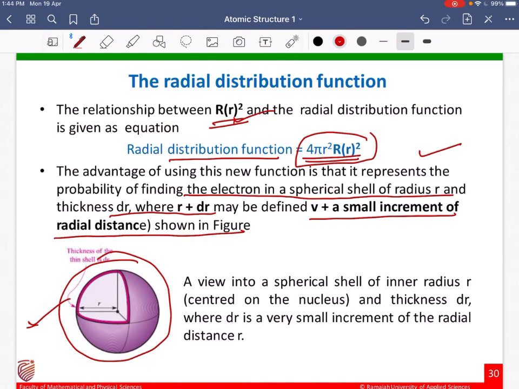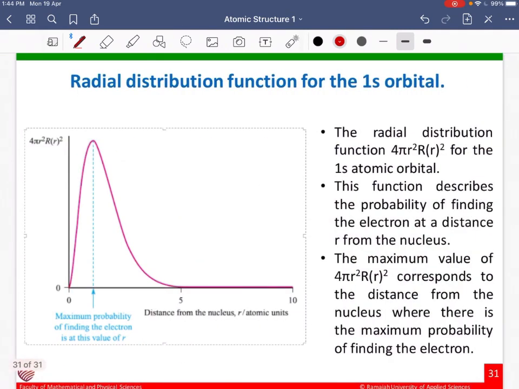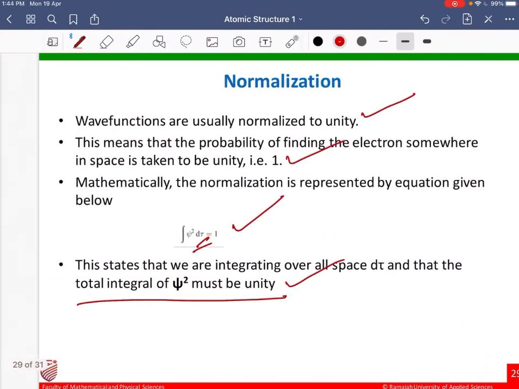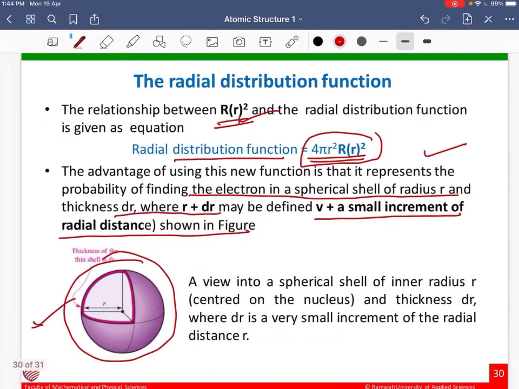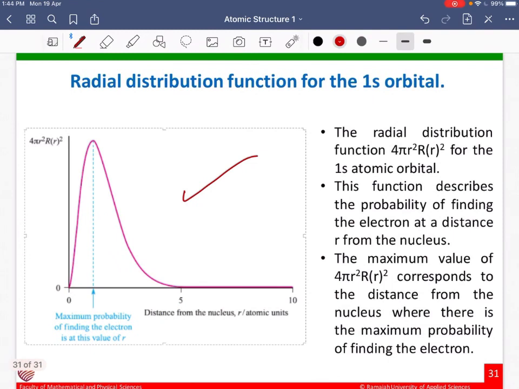This figure shows the radial distribution function, not R R square, but 4 pi r square R R square, that is the radial distribution function, against the distance from the nucleus.